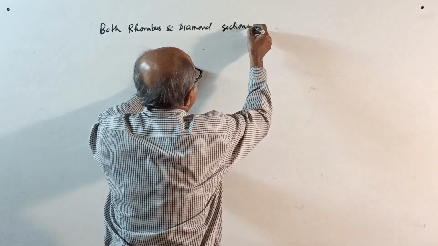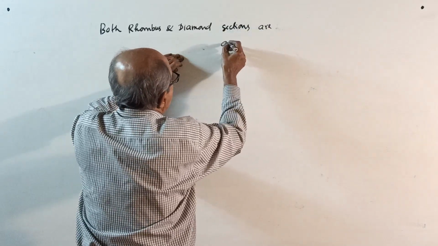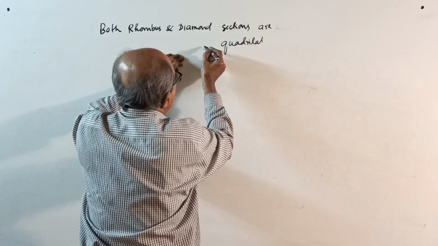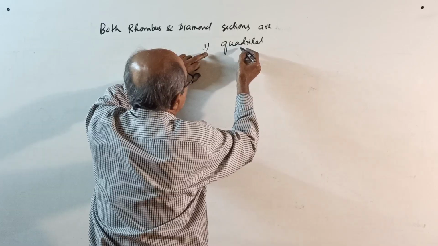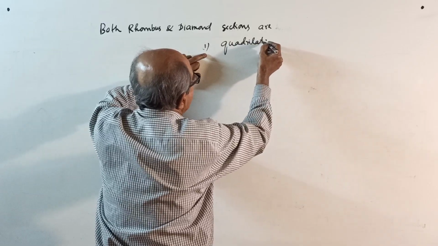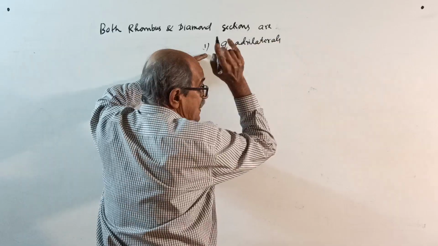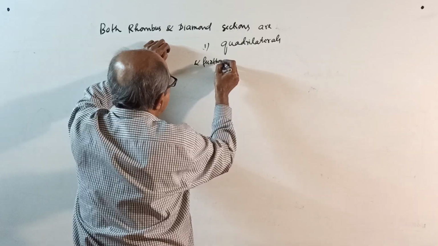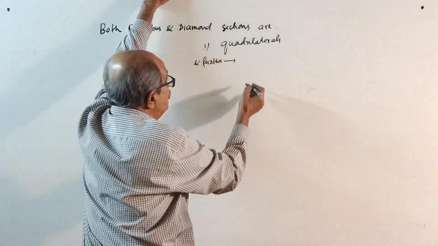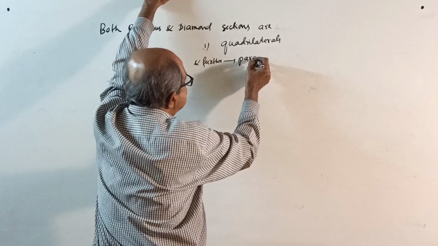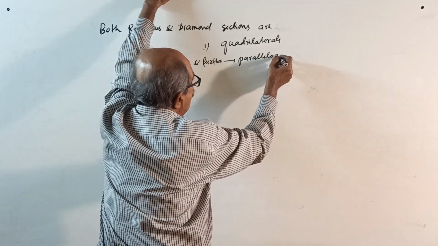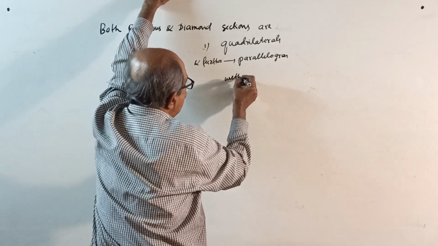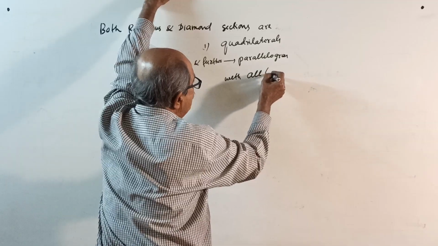Sections are quadrilaterals first of all, and further they are parallelograms, with all four sides equal.